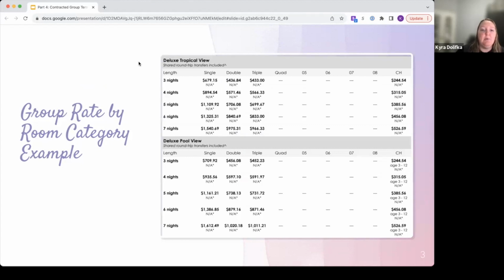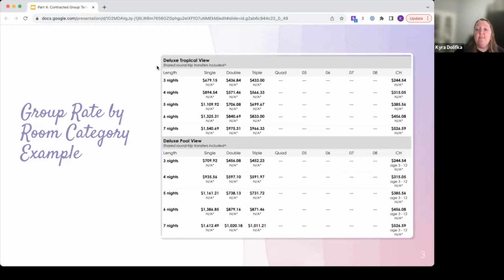Let's look at the deluxe tropical view here at the top. You can see in this fine print here, shared round trip transfers are included. So when I see these prices here, they are including round trip transfers. So keep that in mind. That's a bonus for your clients, right? It's included in the price.